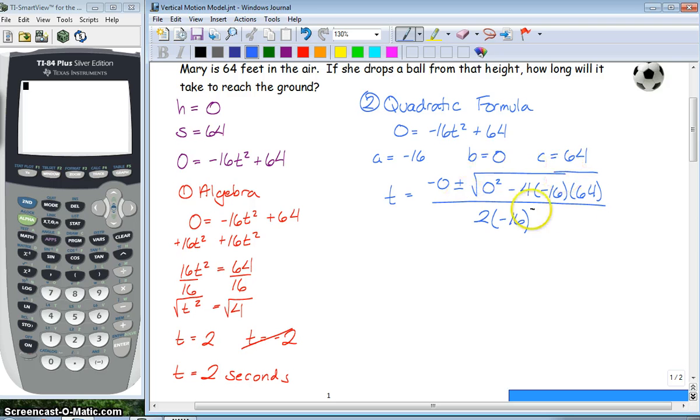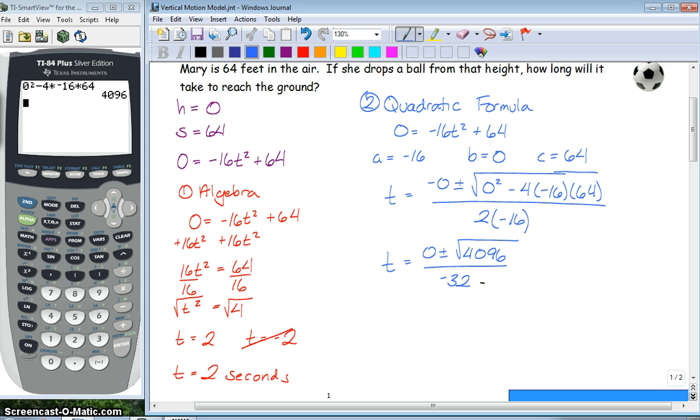First, in order to simplify everything, I'm going to clean up what's underneath the square root. So I turn to my calculator, type in 0 squared. You don't have to, but you can. 0 squared minus 4 times negative 16 times 64. And I get 4,096. So t equals 0 plus or minus the square root of 4,096 all over, if I clean up the denominator, 2 times negative 16 is negative 32.